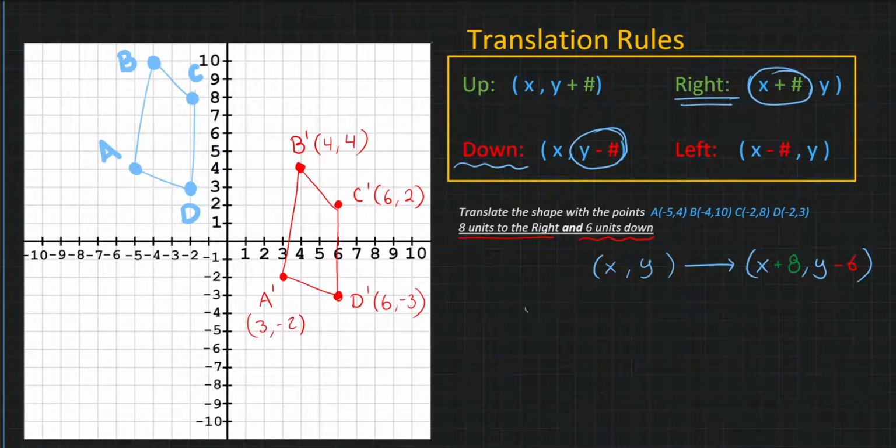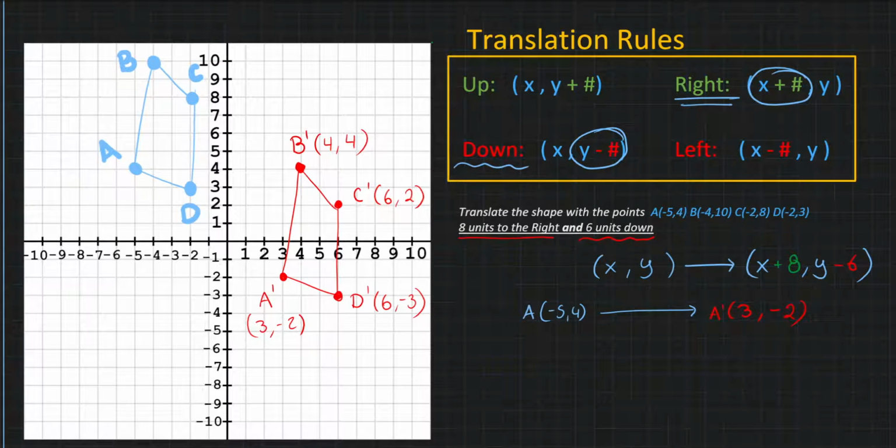Start with our A point. Our A point was -5, 4. We'll plug it into the translation. And my A prime point will be -5 plus 8 is 3, 4 minus 6 is -2.